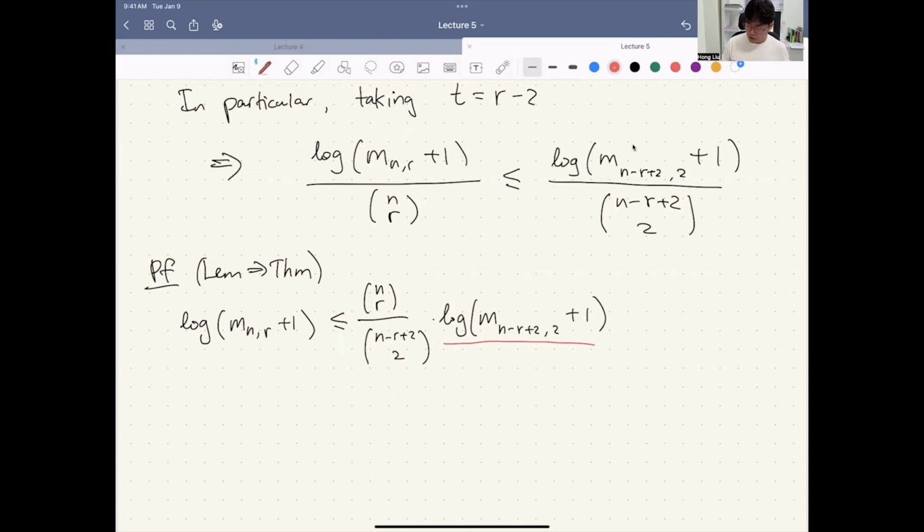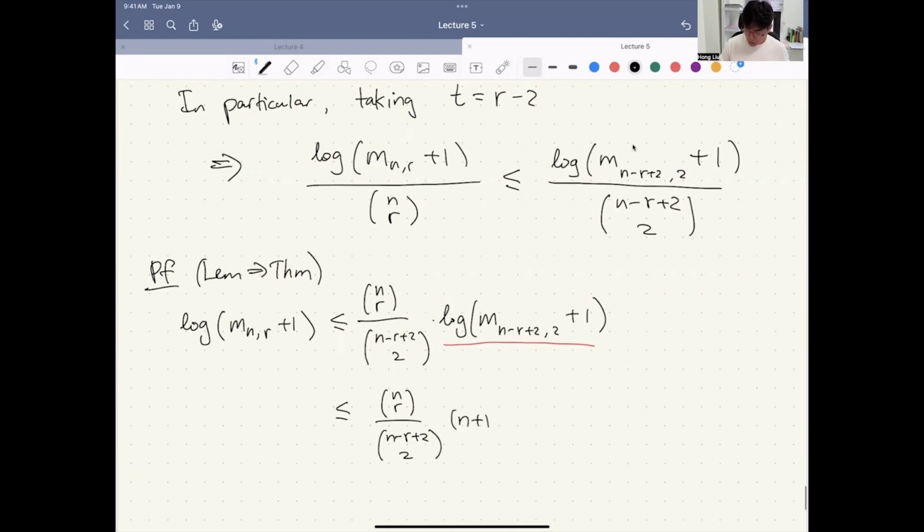Well, there's a plus 1 here, so let me use n plus 1. So this is at most n over r choose n minus r plus 2 times (n plus 1) log (n plus 1). This is by the claim.